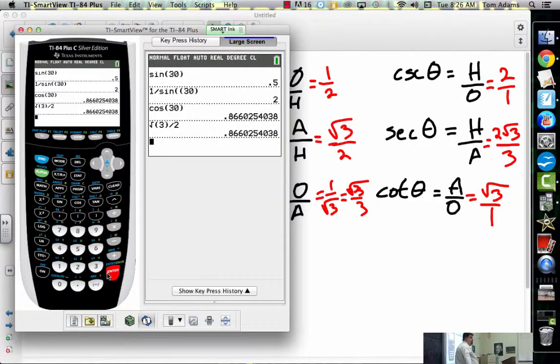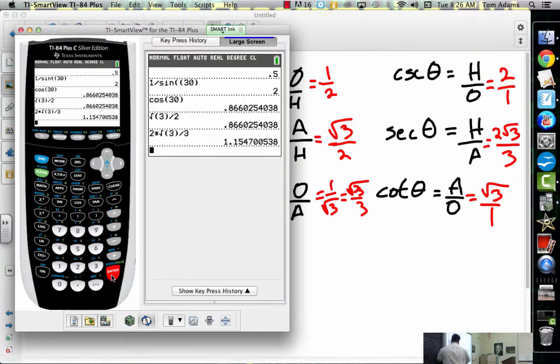So we're right on that one, right? Now if I wanted to find the decimal approximation of 2 times root 3 over 3, I could just say 2 times the square root of 3 divided by 3, and that should be the same as 1 divided by cosine of 30 degrees. Hey, guess what? It is.